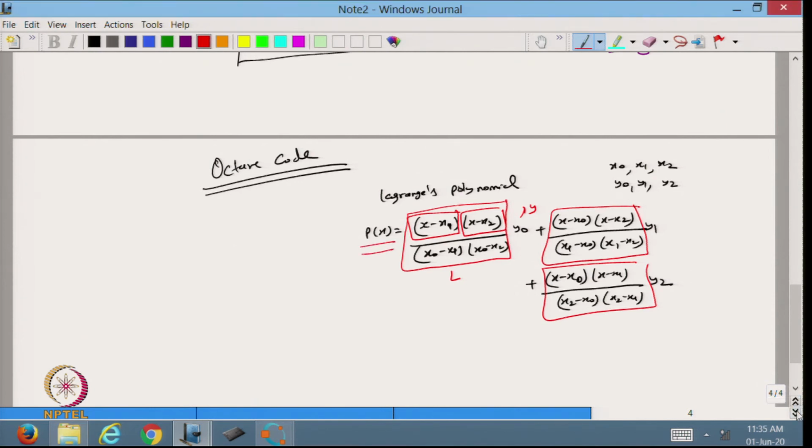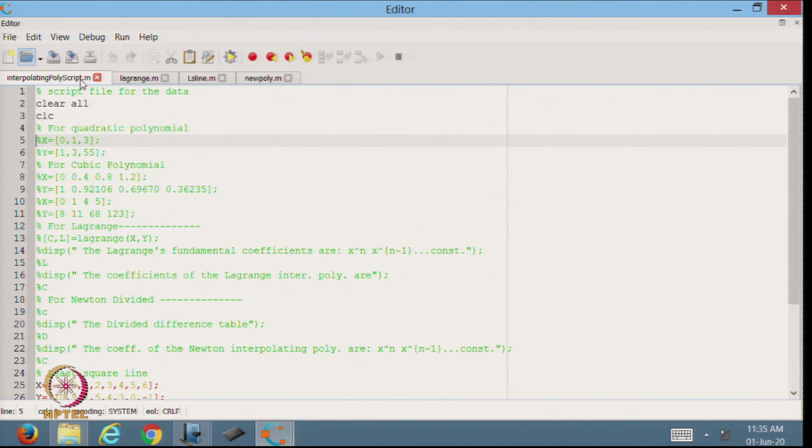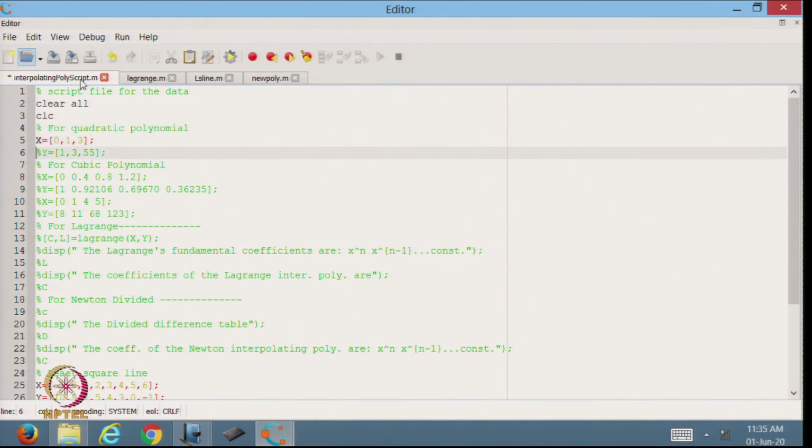So, let us take one example of this one. Let us take this script file. I will take first the quadratic polynomial. And for the Lagrange I will do this one.